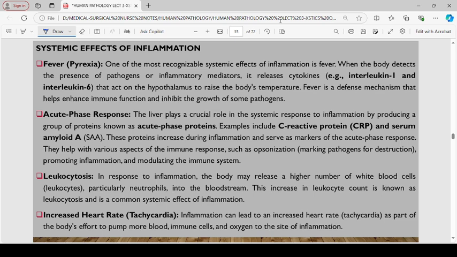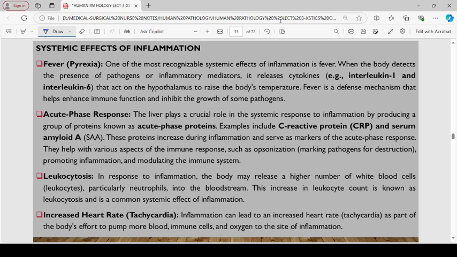Another systemic effect of inflammation is the acute phase response, where the liver plays a crucial role in the systemic response to inflammation by producing a group of proteins referred to as acute phase proteins. Examples include C-reactive protein, the CRP, and serum amyloid A, abbreviated as SAA.